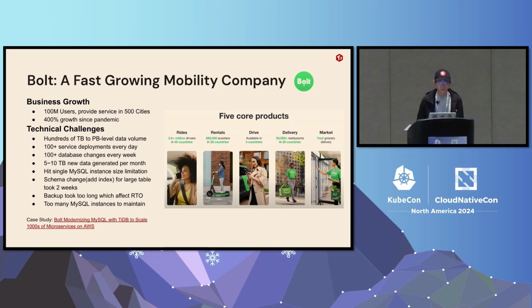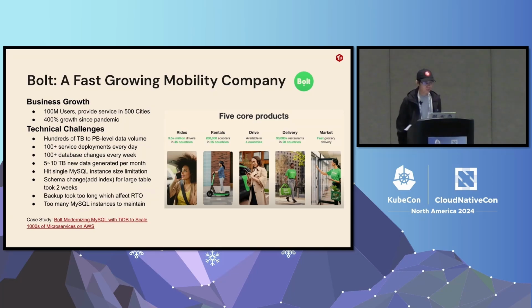Bolt is a fast-growing mobility company from Europe, and they have around 100 million users. It's a great number. And they provide service in more than 500 cities. And since the pandemic, their business has had 400% growth. This is a great thing for them. But from the technical perspective, they also faced some challenges.